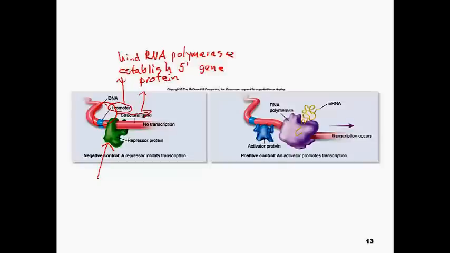Here we can see activator proteins binding in and around the promoter sequence actually are going to interact and recruit RNA polymerase, enhancing binding, and or put RNA polymerase in a conformation that allows it easily to open up the DNA templates and allow mRNA transcription to occur. So those are two approaches that a bacteria can take in order to regulate gene expression.